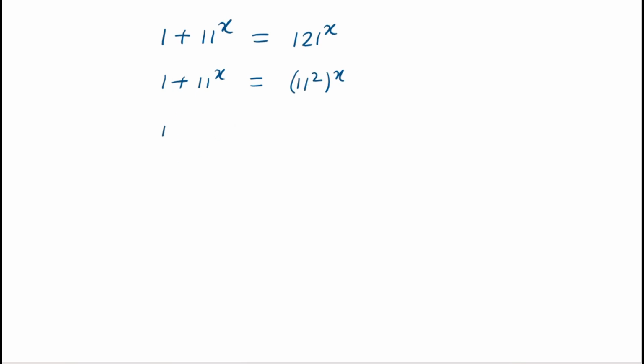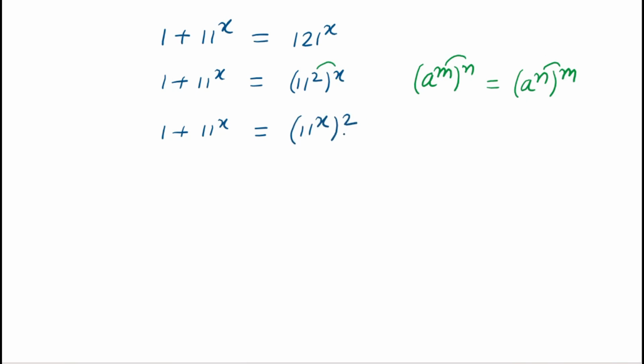Now 1 + 11^x, this is equal to, here we will apply the base and exponent rule: (a^m)^n = (a^n)^m. According to this rule, this m and this n are interchanged. So we can interchange this 2 and this x. Then the right hand side is (11^x)^2.